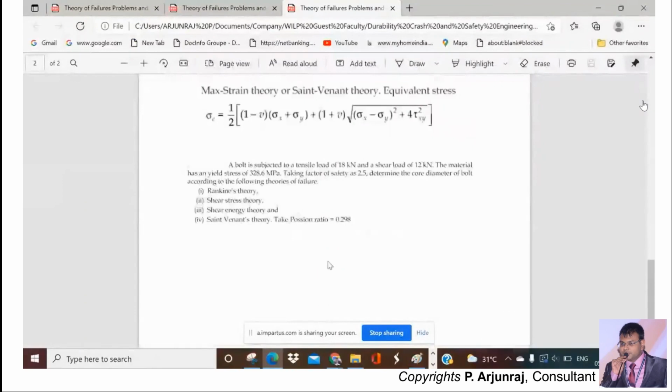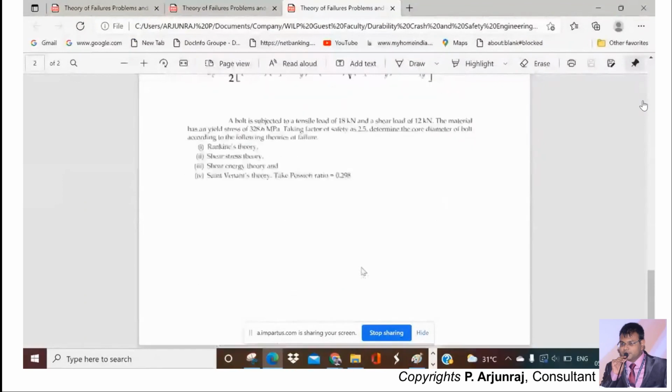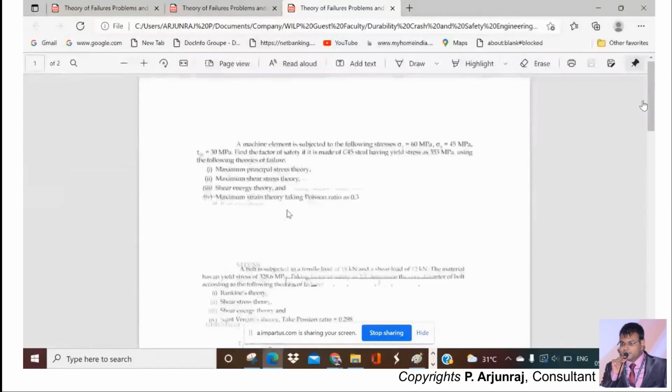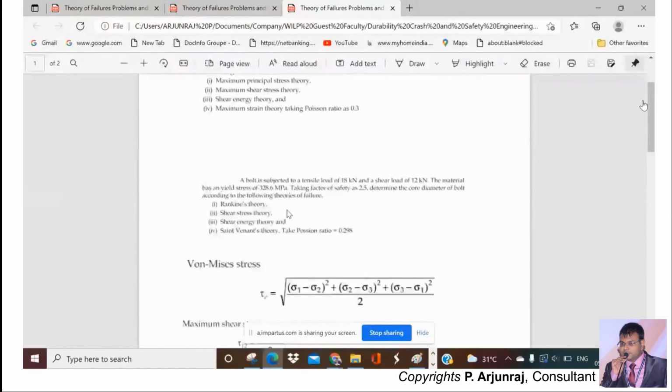The last one is going to be similar to what we are going to solve. But let us go to the next problem, it's a bit different. What they have given here is the factor of safety.